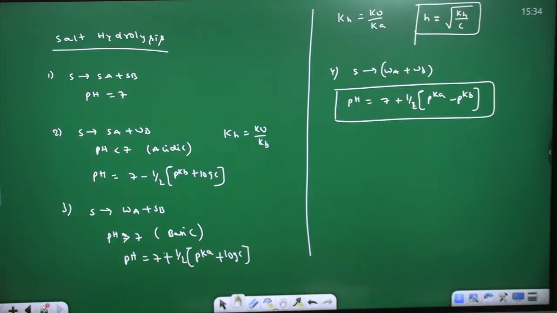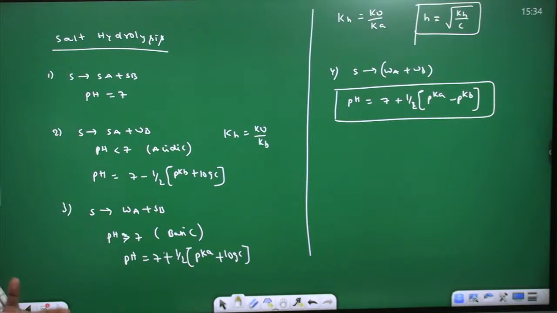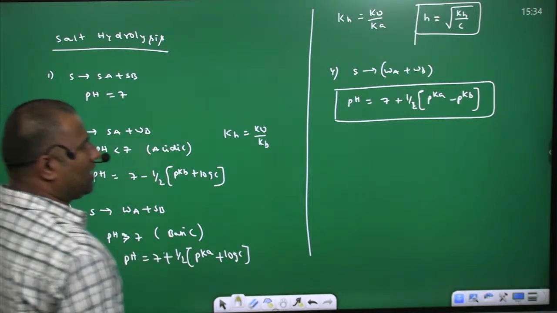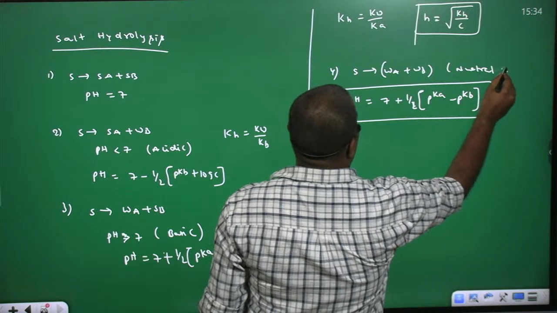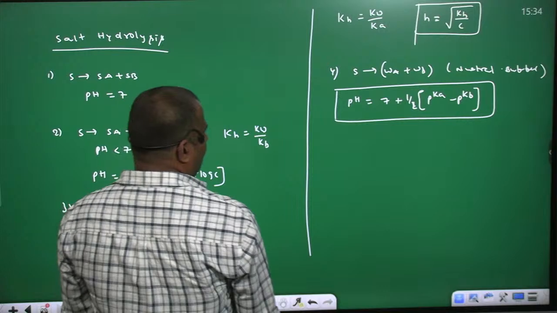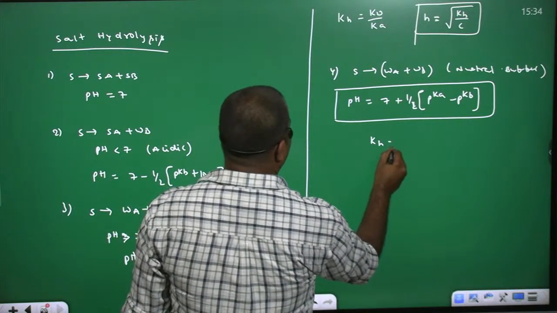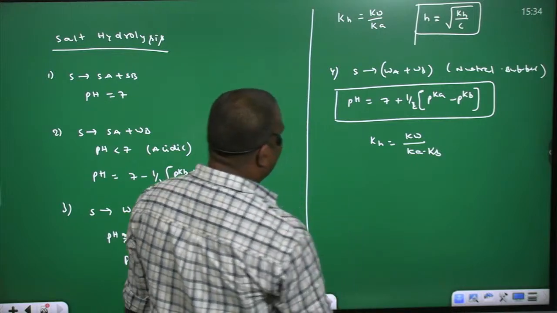The pH is neither changed by addition of water nor by decreasing the volume. The pH remains constant because it depends only on pKa and pKb. This is also called a neutral buffer solution. The next one, Kh equals Kw by Ka into Kb.